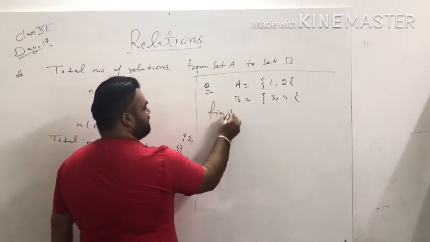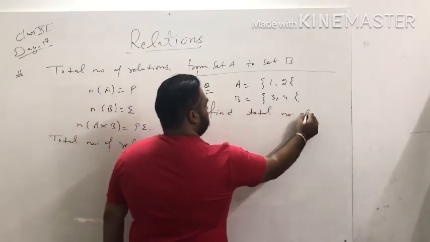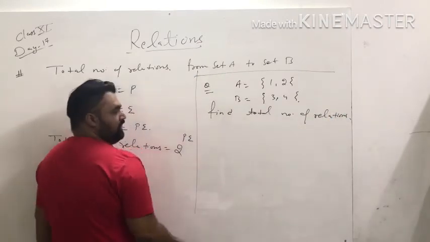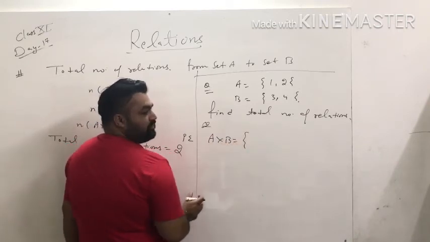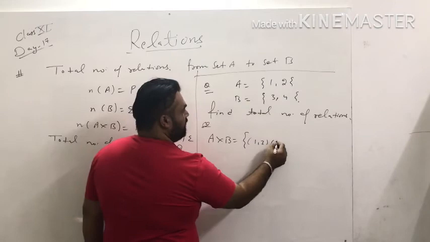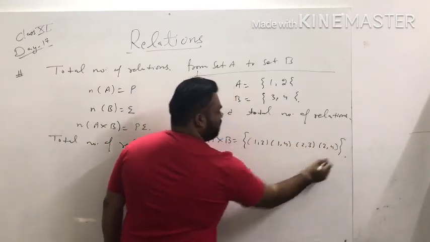The question is to find the total number of relations. First of all we will find A cross B. A cross B means (1, 3), (1, 4), (2, 3), (2, 4).